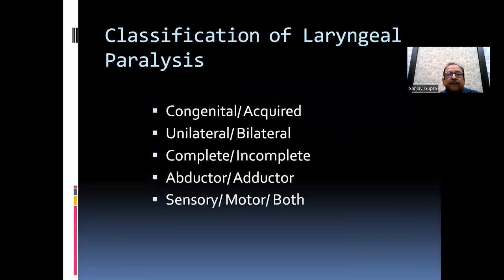Depending on the group of muscles affected, it can be an abductor palsy or an adductor palsy. And lastly, it may be a sensory palsy, that is paralysis of the internal branch of the superior laryngeal nerve, or a motor palsy, or a motor and sensory palsy.